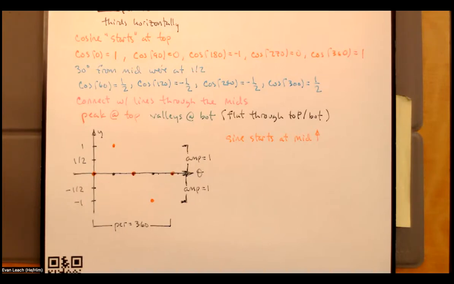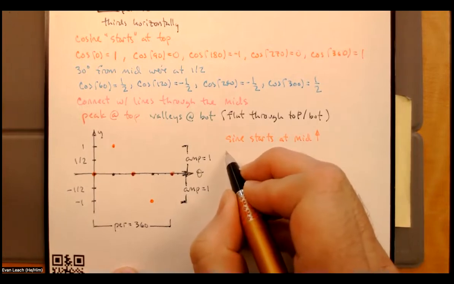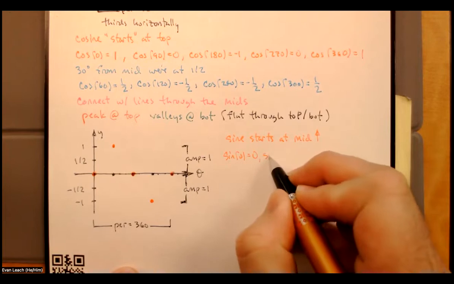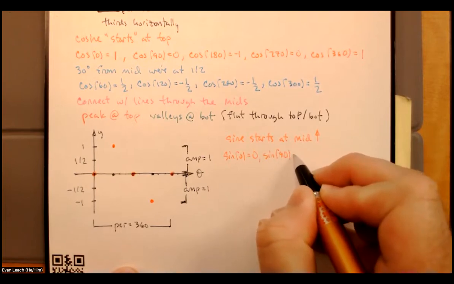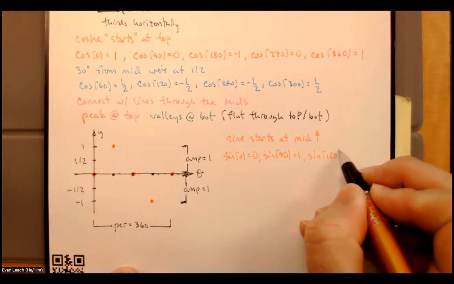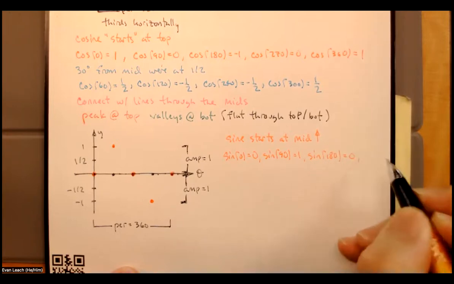Assigning numbers to this, since the sine starts at the middle and we've got this graph, that helps us remember our values. That helps us remember that sine of 0 is 0. Sine of 90 is 1. Sine of 180 is 0.